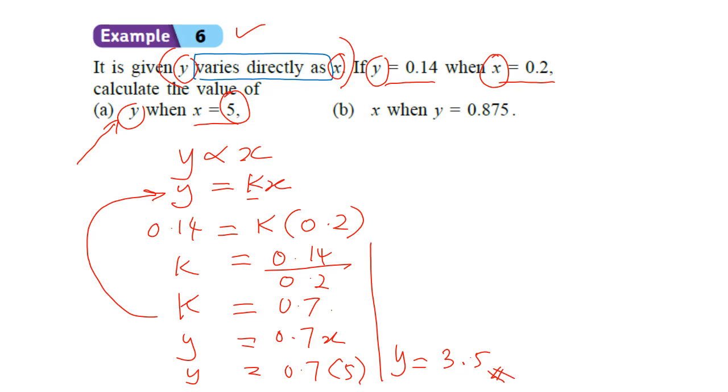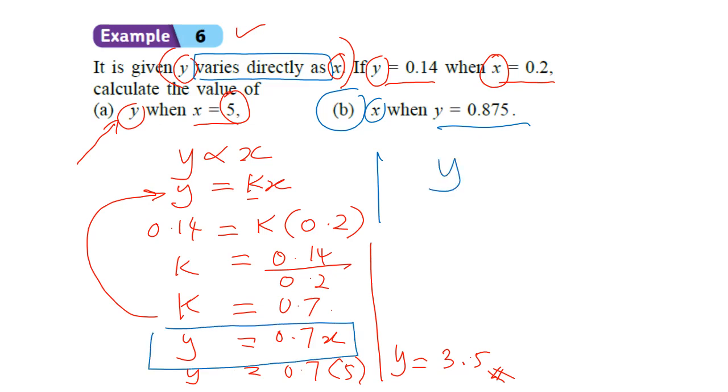Okay, so now we go to B. For B, find the value of x when y is 0.875. So now you already got your equation. Where's your equation? This one. So you write back the equation, y equals 0.7x. So you want to find your x, you just substitute your y inside here.